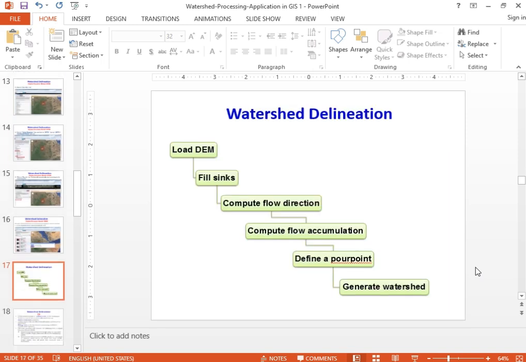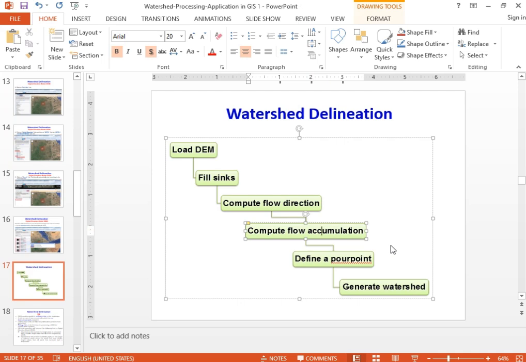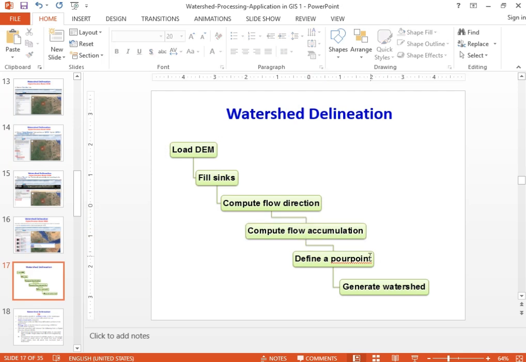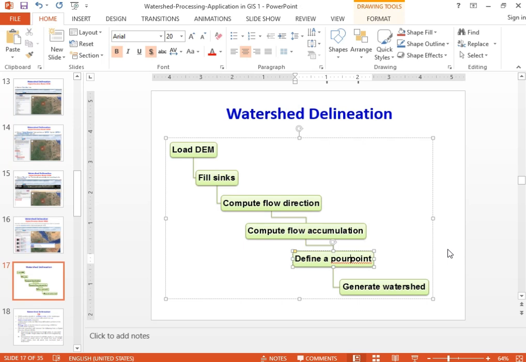Let us proceed with the details of watershed delineation. In order to delineate a watershed, the first thing you have to do is load the DEM data into your ArcMap or ArcGIS. After that, you have to fill sinks. We will see why we are doing this. Then compute the flow direction and flow accumulation, and define the pour point.